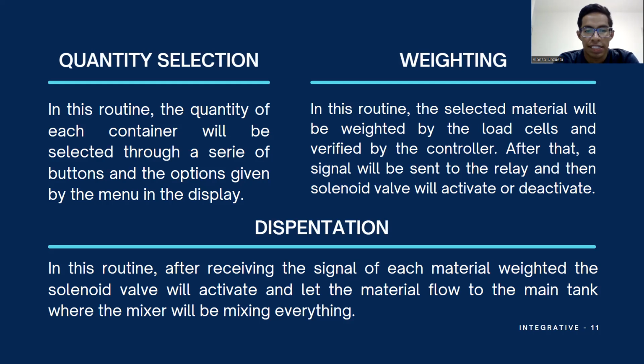The third one is the dispensation. In this routine, after receiving the signal of each material weighed, the solenoid valve will activate and let the material flow to the main tank, where the mixer will be mixing everything.